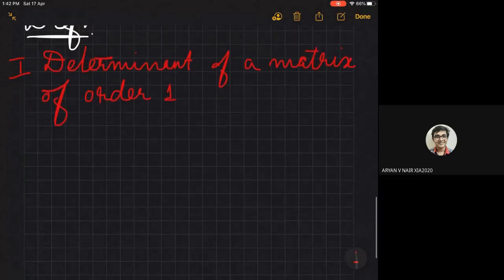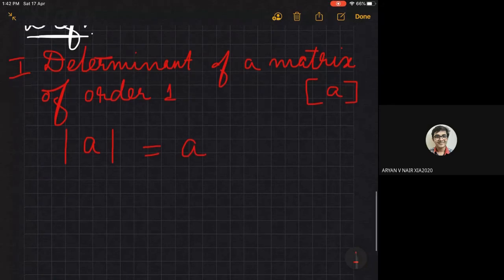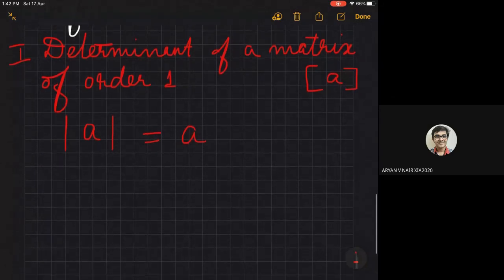If you consider the square matrix of order 1, it will come like this. Suppose only one element will be there. A square matrix of order 1 means it is a one by one order. Its determinant value is written like this, and it is defined as A itself. You can write it now.